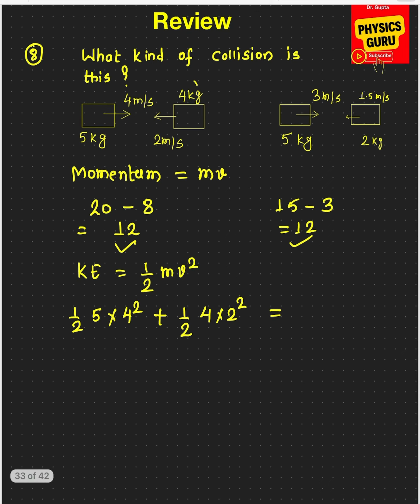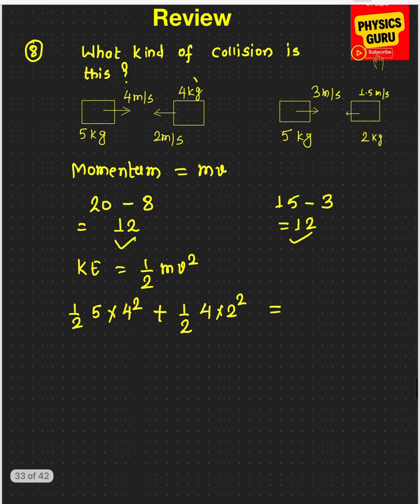Here I didn't put the negative sign because kinetic energy is always positive. Even if you put the negative v and square it, it will still be positive. So do this math here, and exactly the same way, find out the kinetic energy of the other objects and add them together.